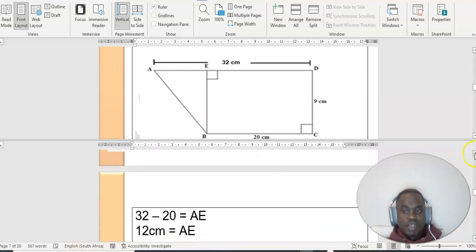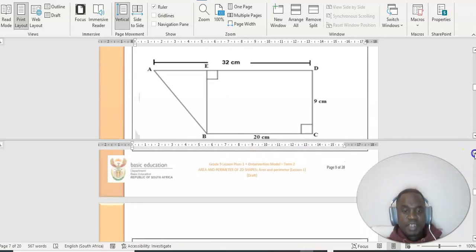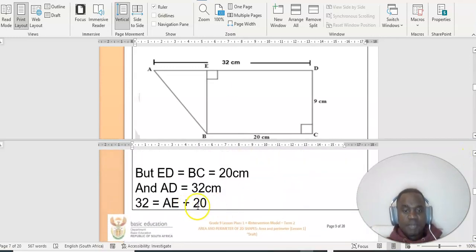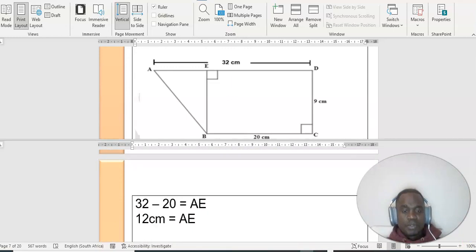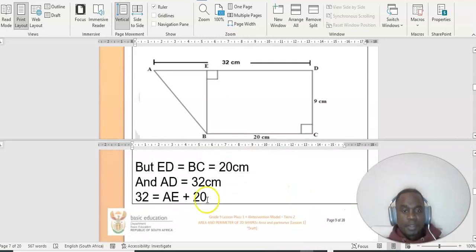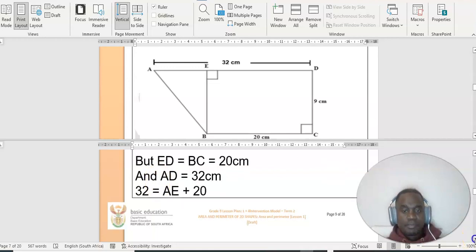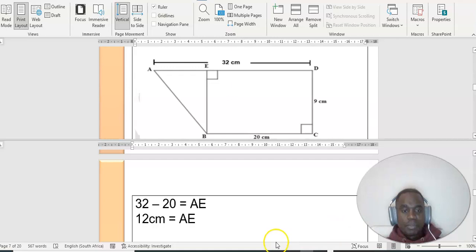So we need to transpose, or we find the inverse. If I transpose this plus 20, it's going to be minus 20. So you see that we have 32 minus 20, because I have transposed this plus 20. If I transpose it, it's what? Minus 20. Then 32 minus 20 is going to give us what? 12 centimeters.